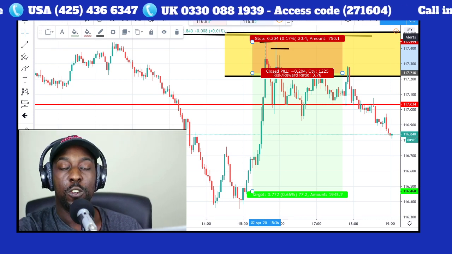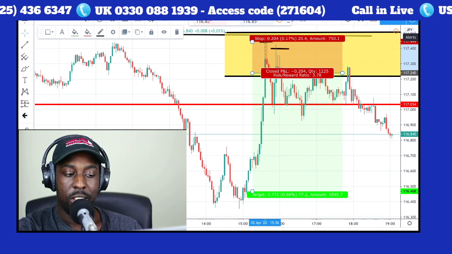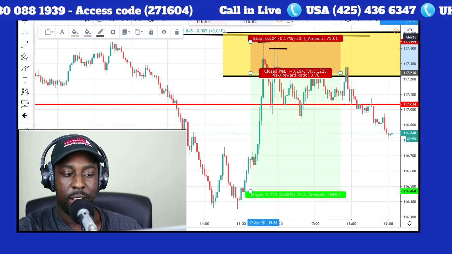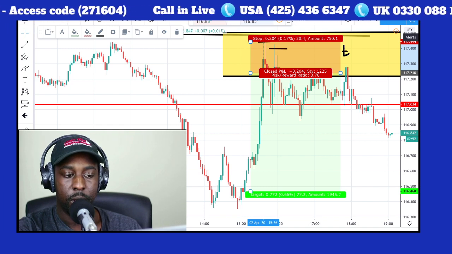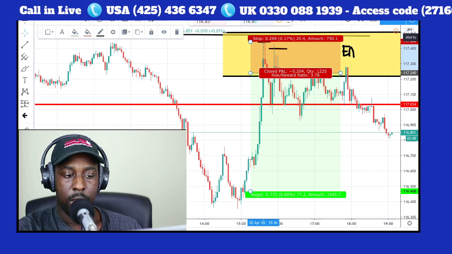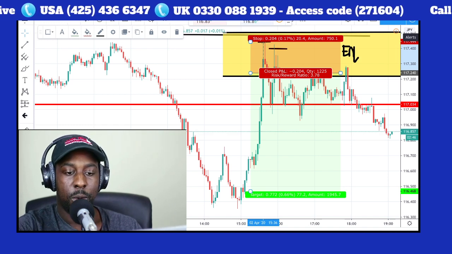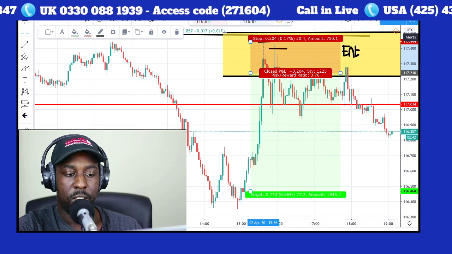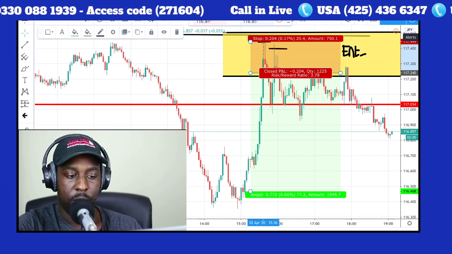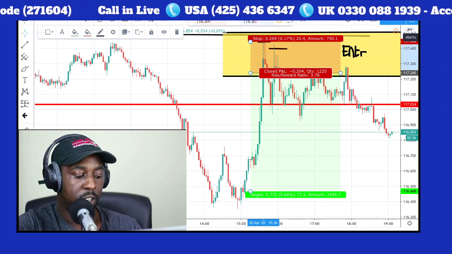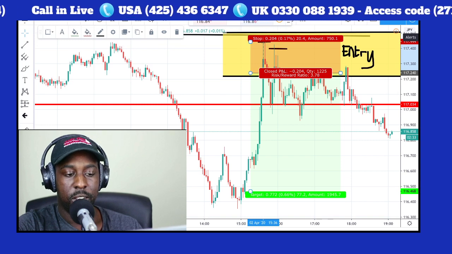These are the kind of things. Notice what I said. We're going to use this time frame for what? For entry, potentially. And what else are we going to use it for? There are two things you can use these lower time frames for. The first one is entry. What's the second thing?